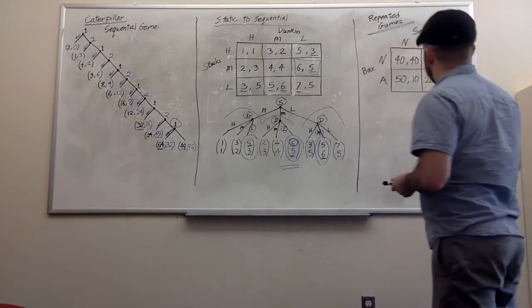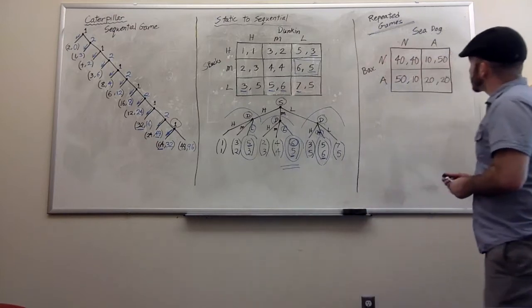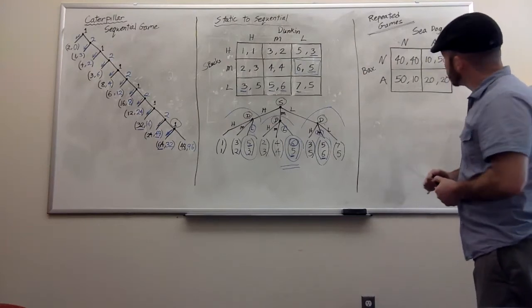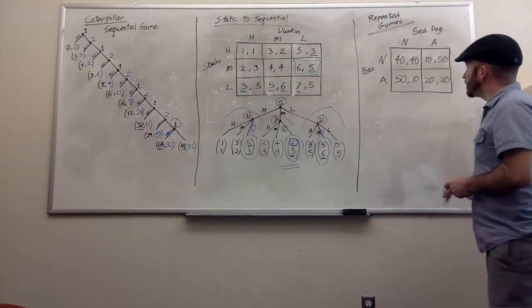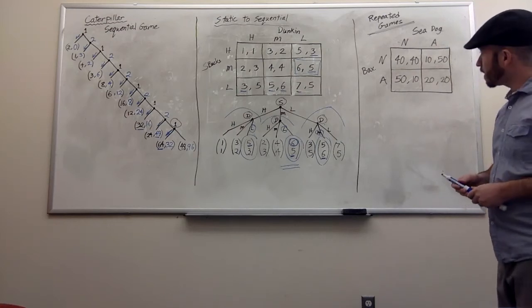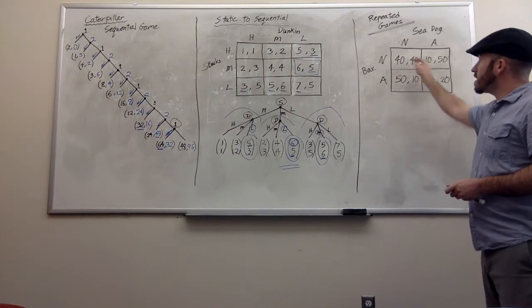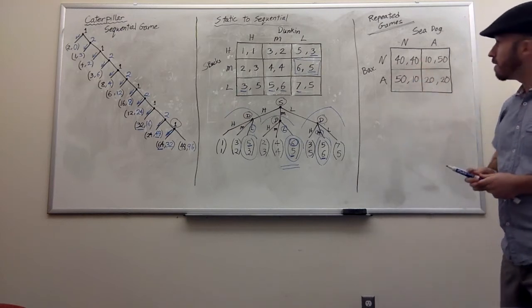Okay, I'm not going to erase that. So last example to cover here, right, is we're looking at Baxter and CDOG choosing whether or not to have advertising. If both firms choose not to advertise, then they both earn 40.